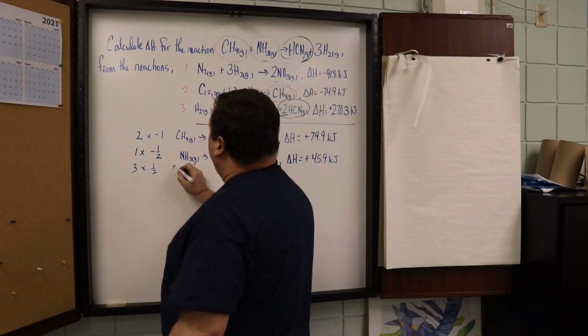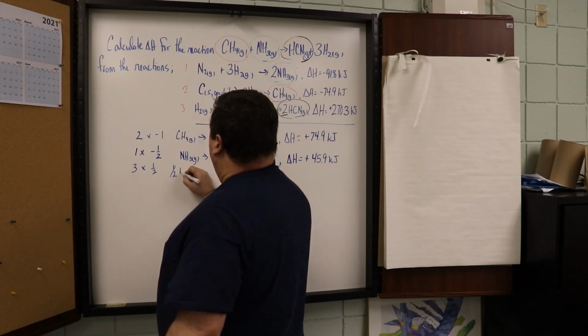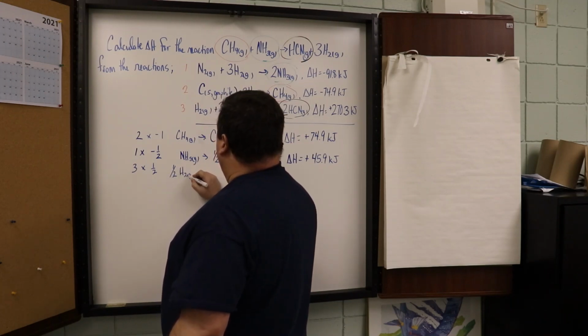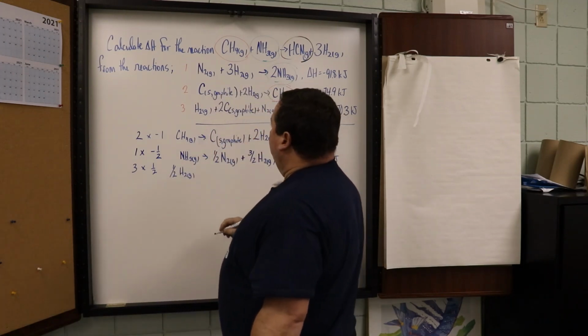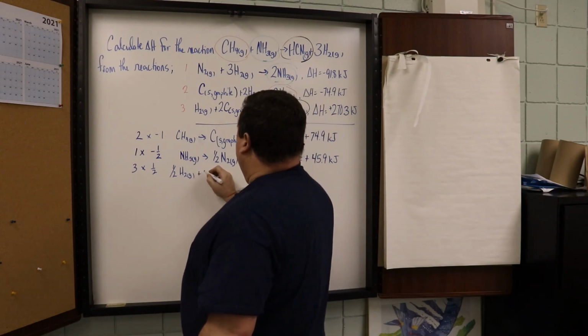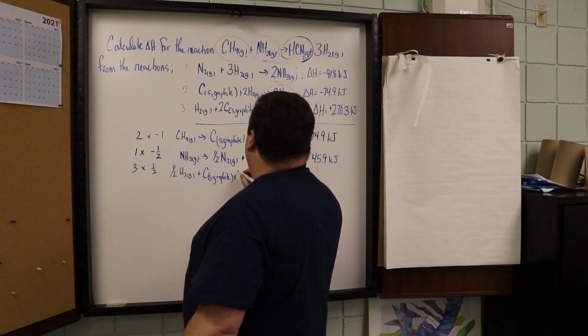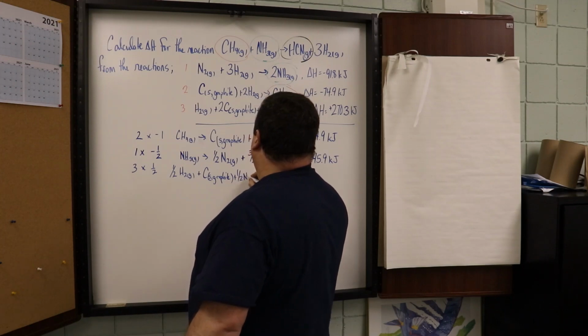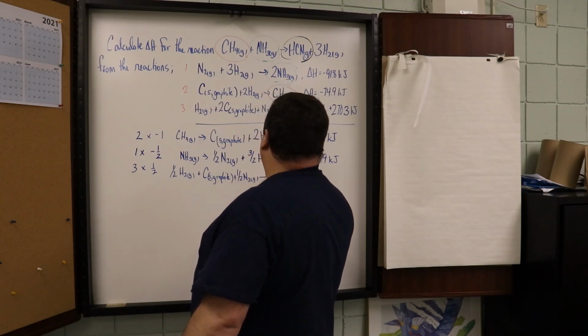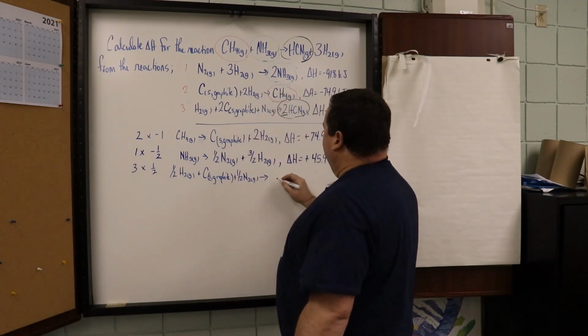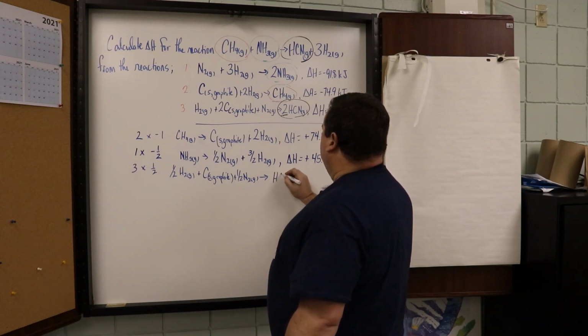I have a half a mole of hydrogen, and half of the 2 will be 1 carbon solid graphite, and a half an N2, producing 1 HCN.